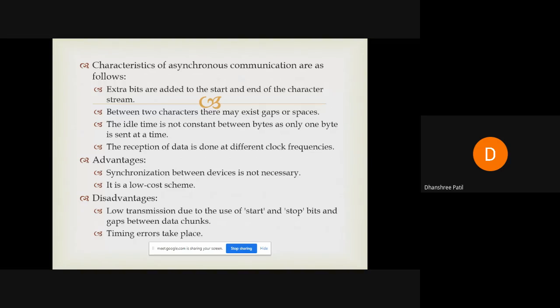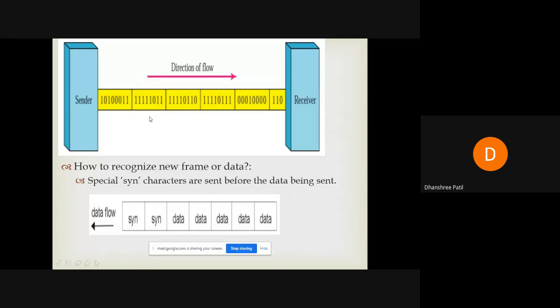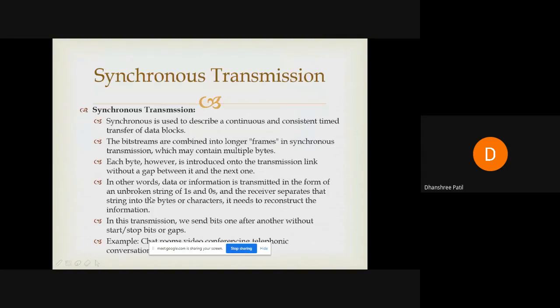And what is synchronous transmission? Here 0 and 1 bits are not included; synchronous transmission means a direct flow of data. As data comes, it is forwarded. The examples are chat rooms, video conference, and telephonic conversation.